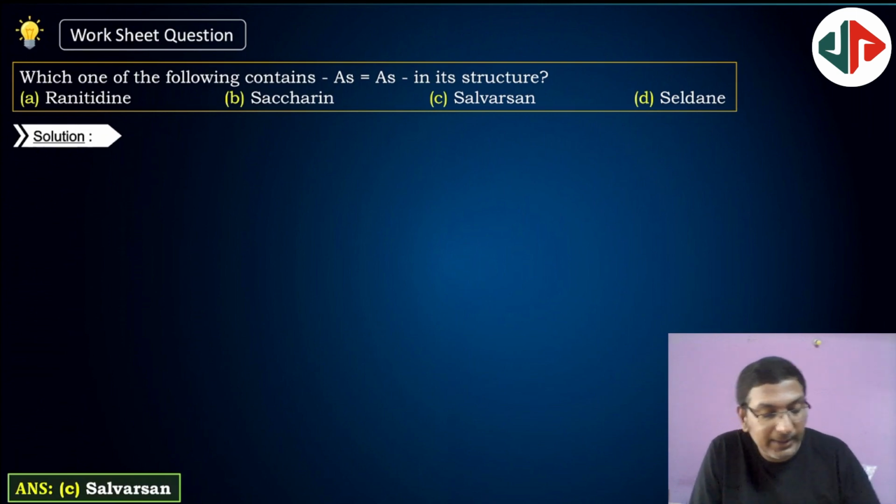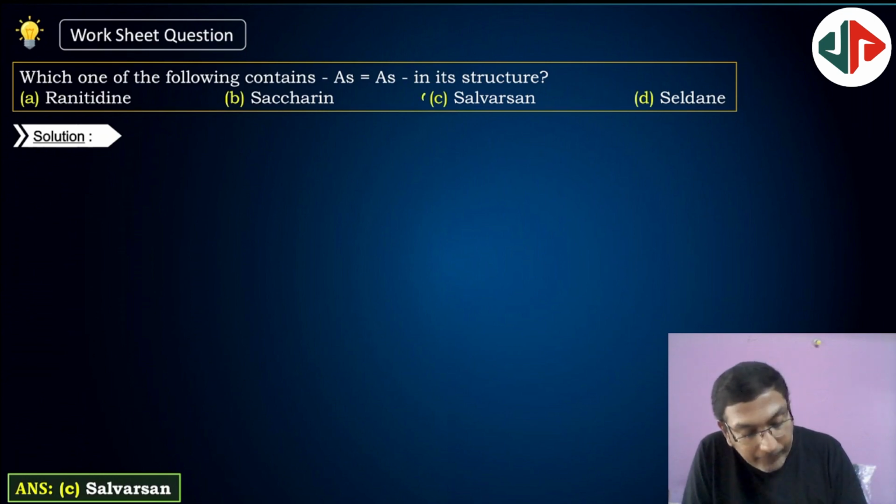So which one of the following contains As double bond As? Salvarsan. So I will write the structure.